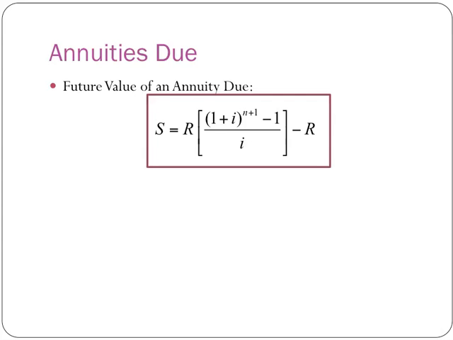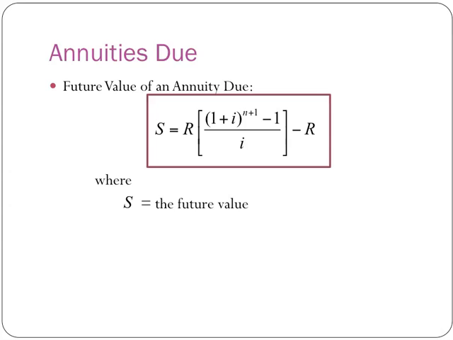Even the most recent one, since we made the payment at the beginning of that 6th period, would have had 1 year to accumulate interest. So instead, we're simply adding 1 to the exponent, which accounts for shifting everything over, and then we subtract off the one payment that did not accumulate any interest, because with an annuity due, every single periodic payment has accrued some interest.